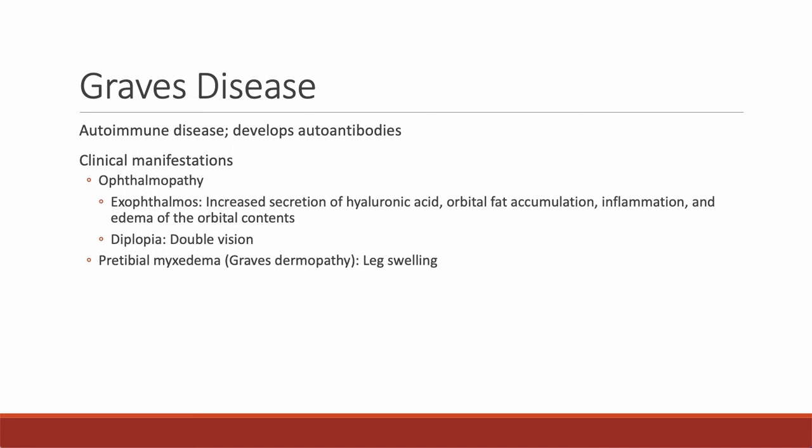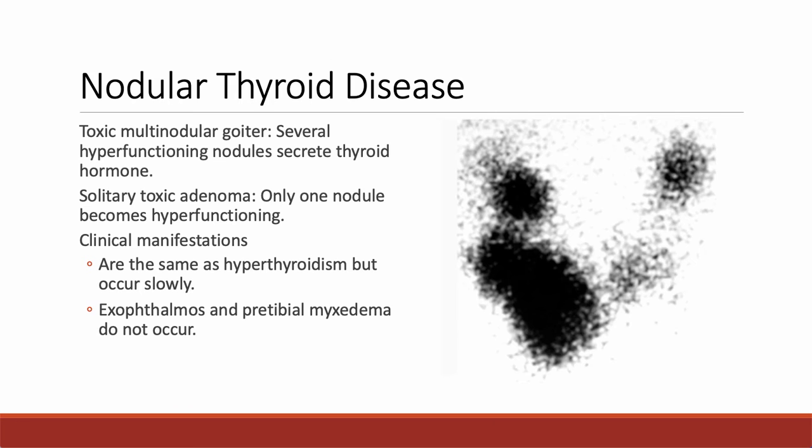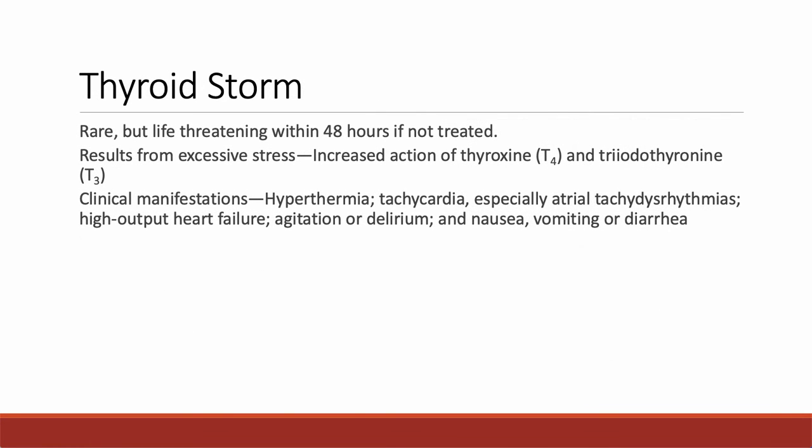Graves' disease, the autoimmune disorder, is the thing that causes that exophthalmos, where the eyes sort of bulge out, the double vision, and the pretibial myxedema. This is just an image of nodular thyroid disease showing up on one of those radioactive iodine scans.